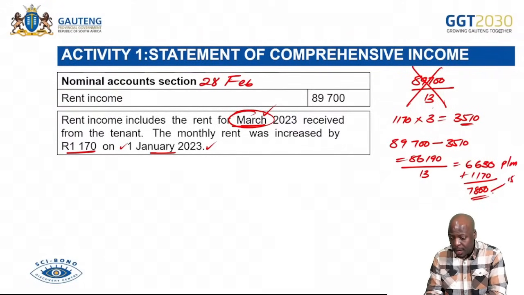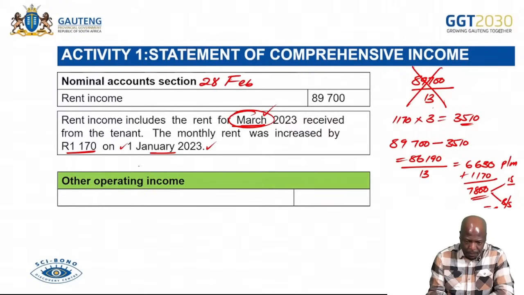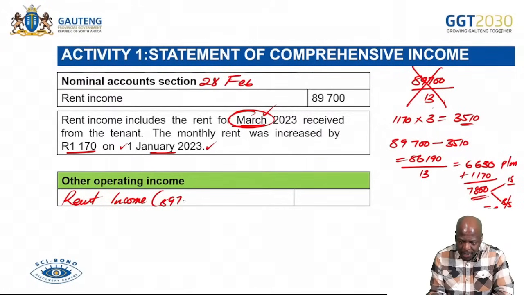I know in the income statement, I'm going to subtract it. In the statement of financial position, that is my balance sheet, I'm going to take it to trade and other payables. Let's see if that can be done. Let's come here. So I'm going to say here, what is that? Rent income. So I'm saying here, rent income. I'm opening my bracket. It's 89,700. You still following me? Then I'm going to say minus how much? 7,800.